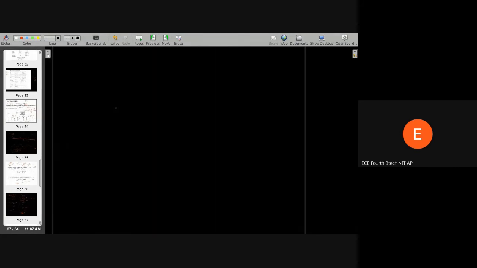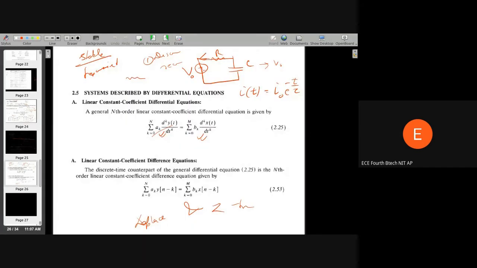So why I am saying all this is because Z transform makes it very easy to analyze difference and differential equations, Laplace and Z transform. So this equation, for example, is all these difference and differential equations.